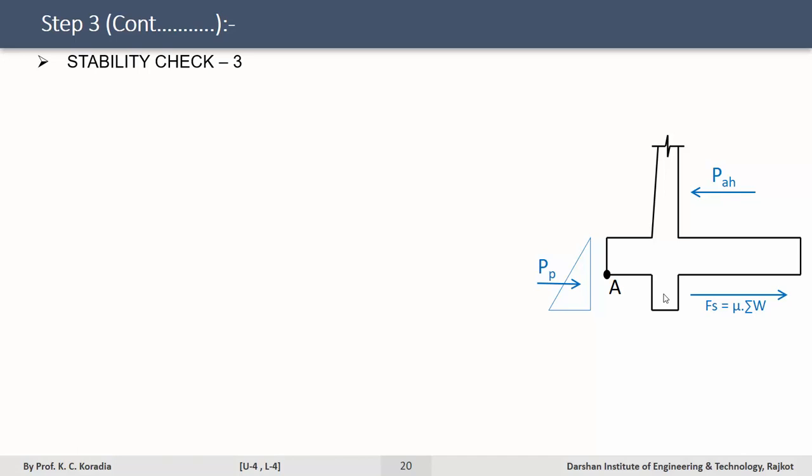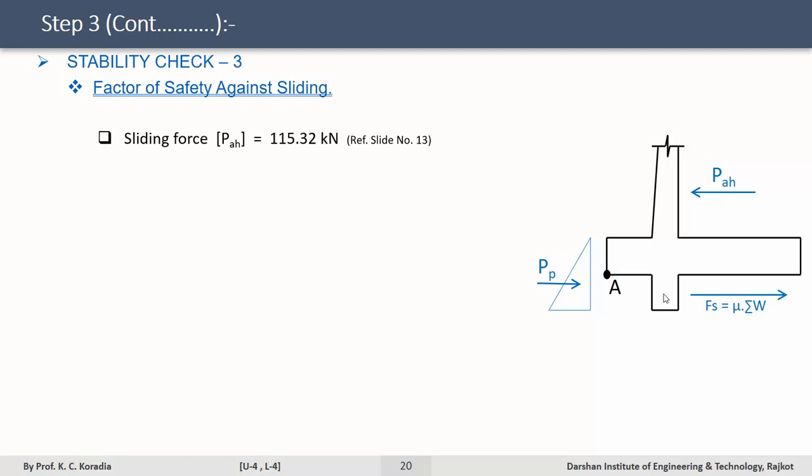Now we will move towards stability check number 3, that is factor of safety against sliding. Sliding force, also known as PAH, is equal to 115.32 as derived in our slide number 13. Frictional force will be equal to the frictional coefficient times the vertical force, that is 0.55, it's a given value, into 283.94, which will give 156.17 kilonewton. This is a frictional resisting force.